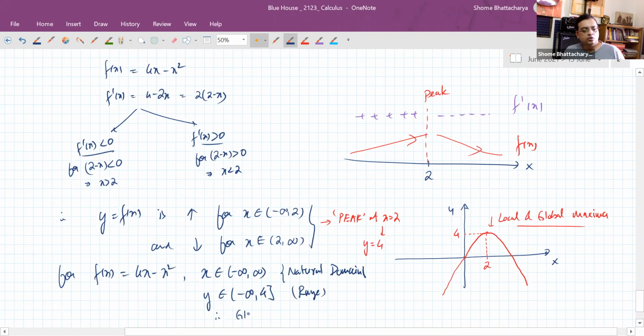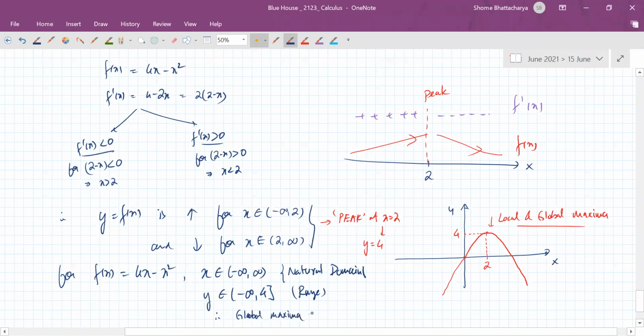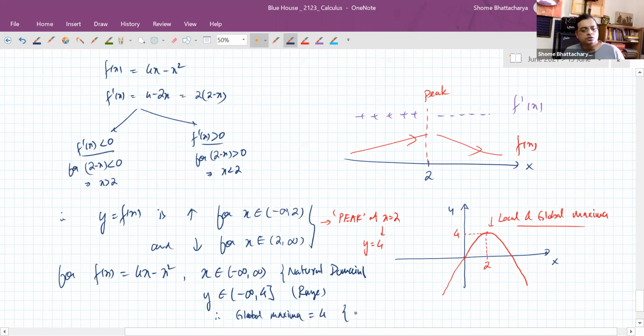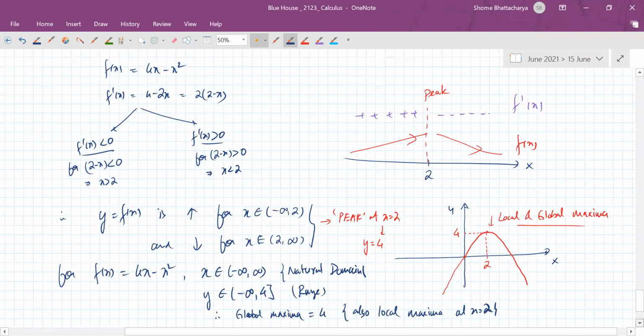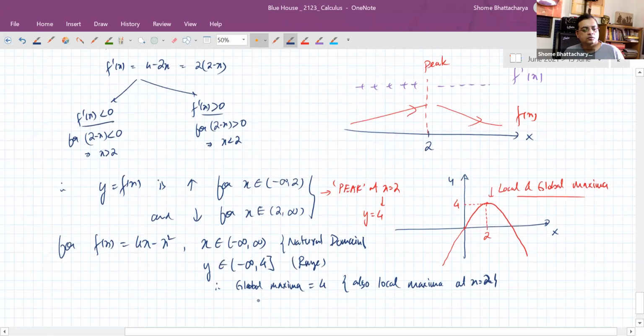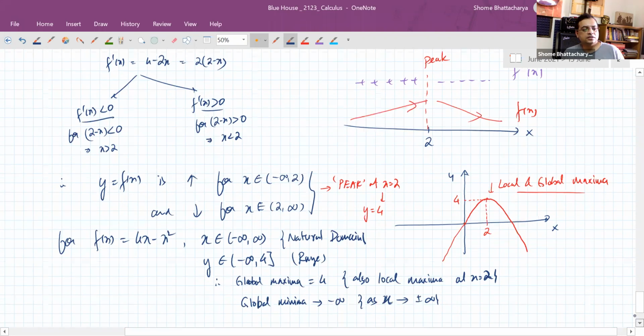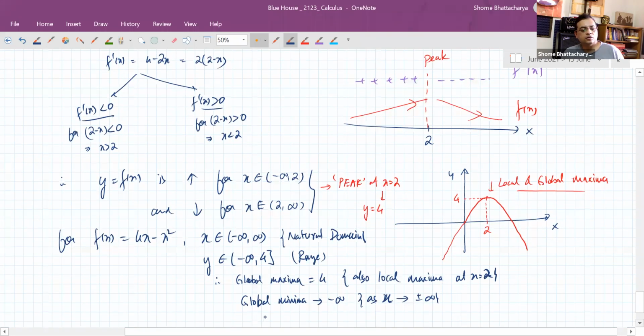So we can also see that global maxima is equal to 4, which is also the local maxima at x equal to 2. And global minima tends to minus infinity as x tends to plus or minus infinity. And additionally, we can see that the function does not have any local minima.